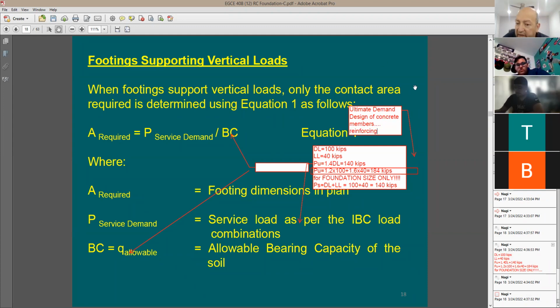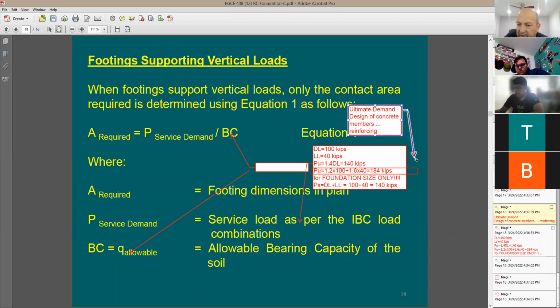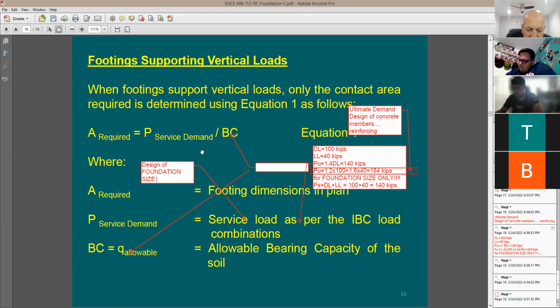And this is what we have done in the past. How about the service load? The service load is used for design of foundation size only. Are we good? Now we know the difference between service demand and ultimate demand.